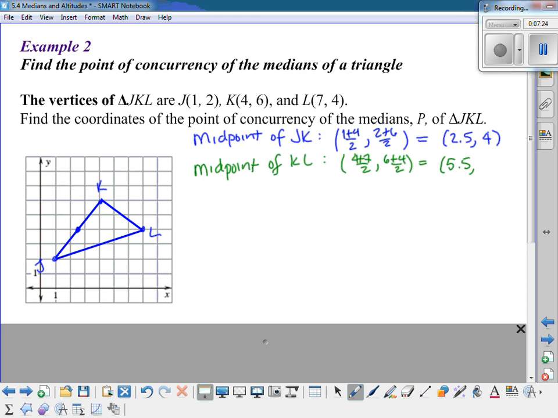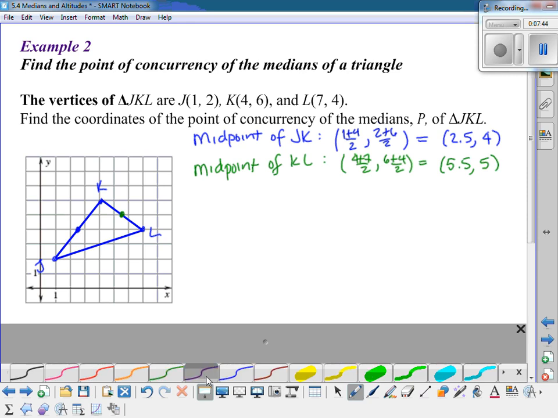And, excuse me, 6 plus 4 is 10, divided by 2 is 5. And so the midpoint of KL would be at (5.5, 5), which is right here. Then finally I'm going to find the midpoint of JL.